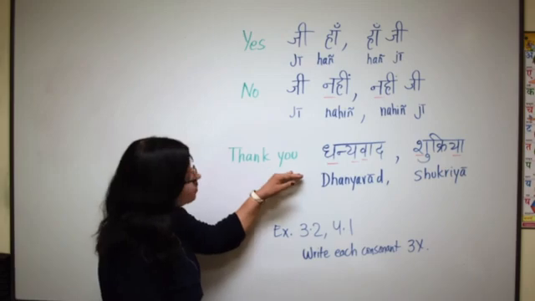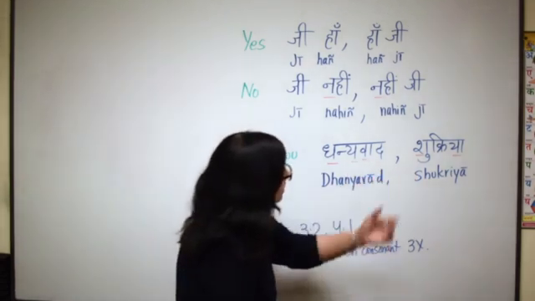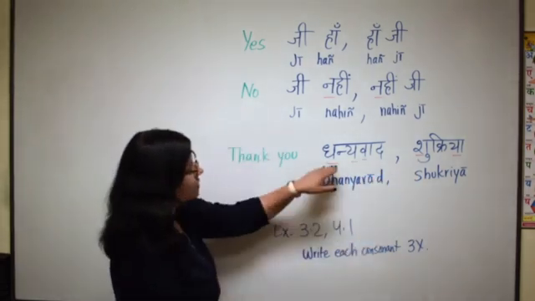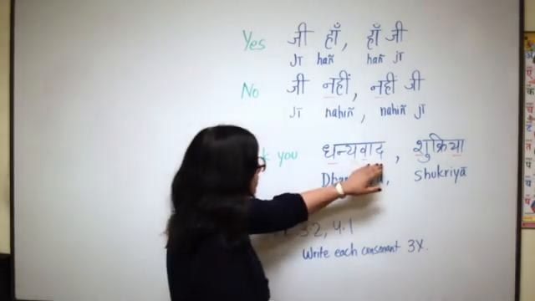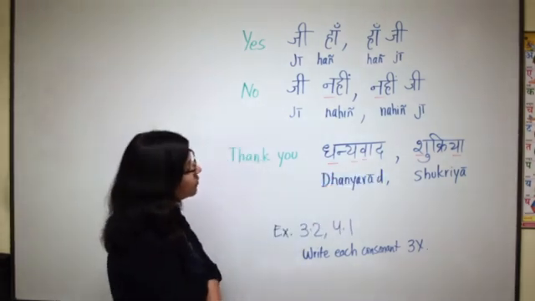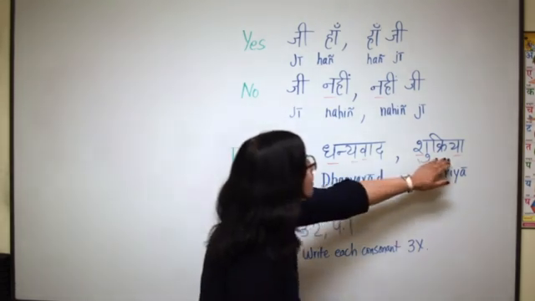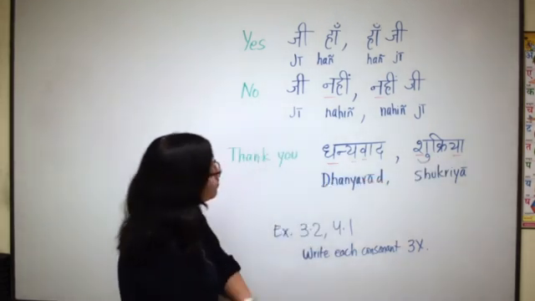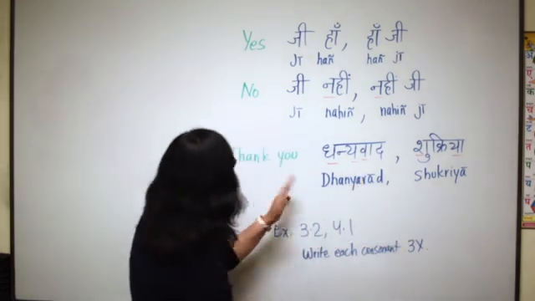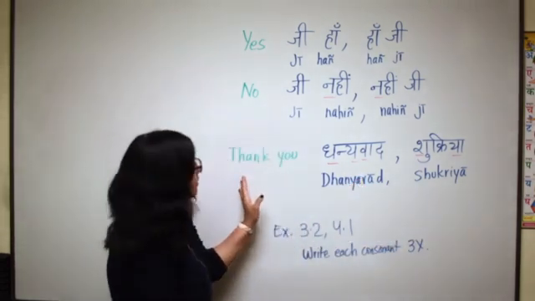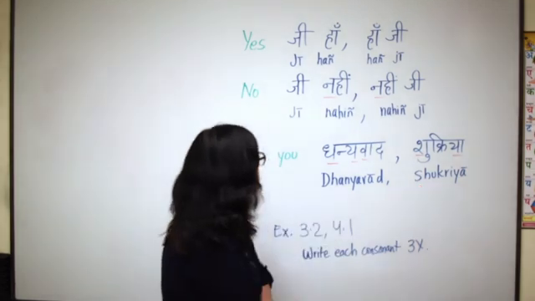And thank you, we have two ways of saying thank you. One is dhanyavad, okay, so that's from Hindi, okay, dhanyavad. And then shukriya is from Urdu. Both mean thank you. Okay, so you can use either one of those.